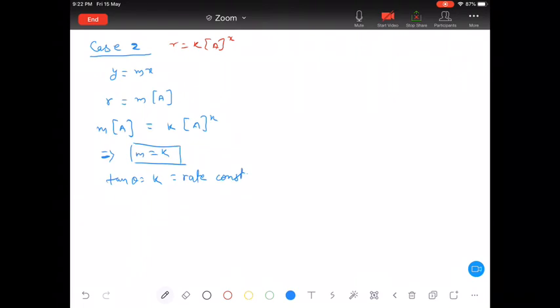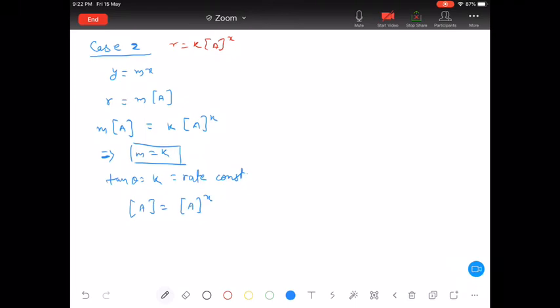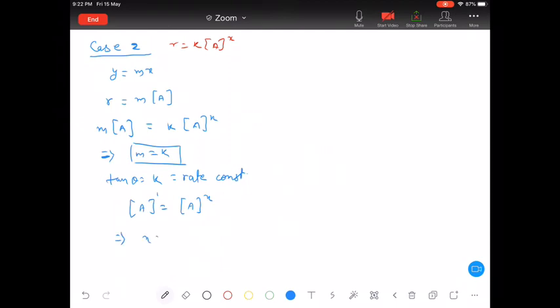Second thing, here we are writing m a, that is equal to k a to the power x. So I can write a will be equal to a to the power x, or here a I can write as a to the power 1, that is equal to a to the power x. This implies x will come out to be 1.